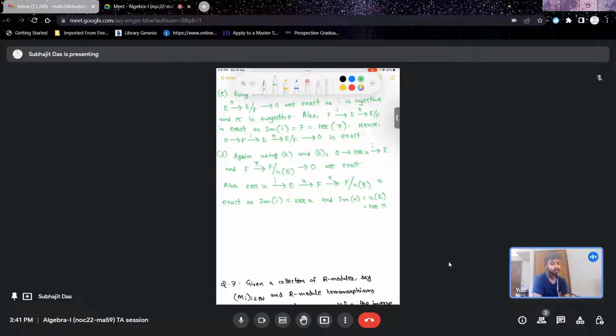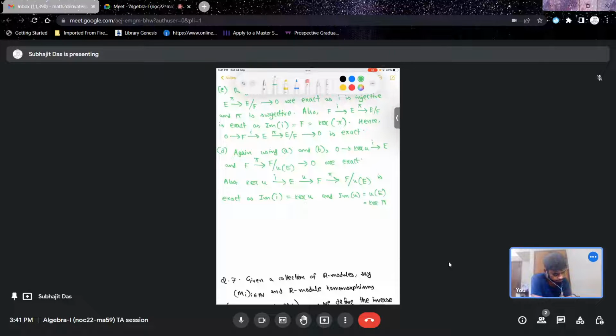Exactly. So this sequence that we have is exact at the object E, and it is exact at the object F. It is exact at E and at F, which means that this sequence is an exact sequence. Hence 0 to F to E mod F to 0. Okay, I guess I missed something.